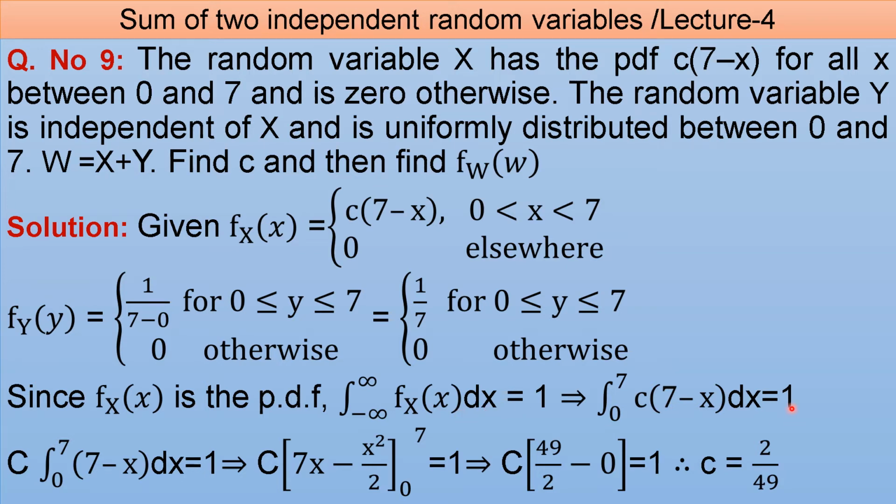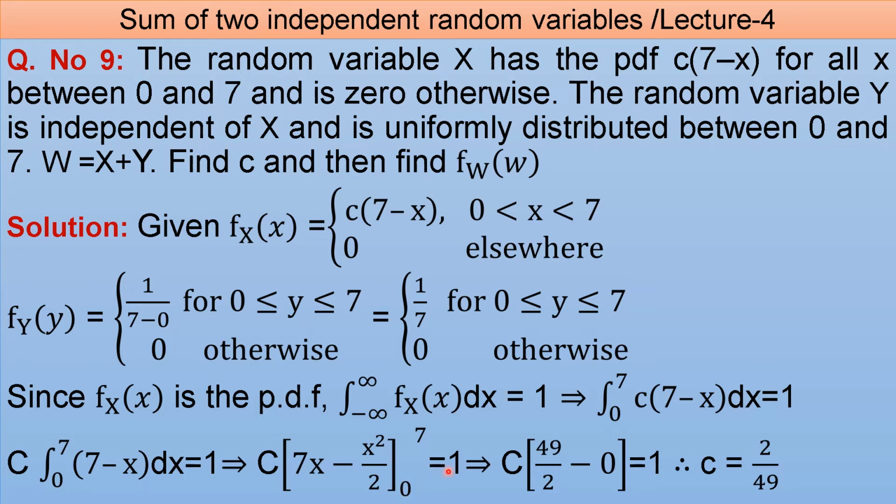Keeping c outside the integral sign, the integral from 0 to 7 of 7 minus x dx will be equal to 1. c into the integration of 7 with respect to x is 7x, minus the integration of x with respect to x, which is x square by 2, evaluated at the upper limit 7 and lower limit 0. That must be equal to 1.